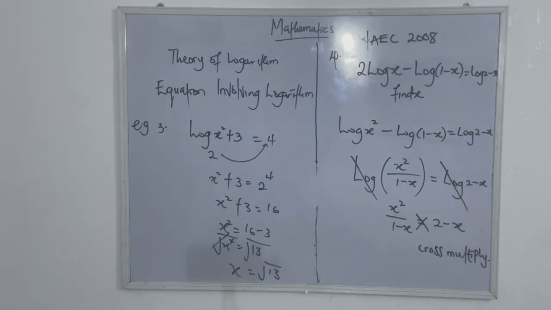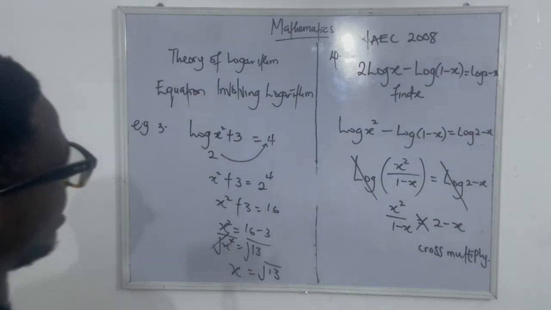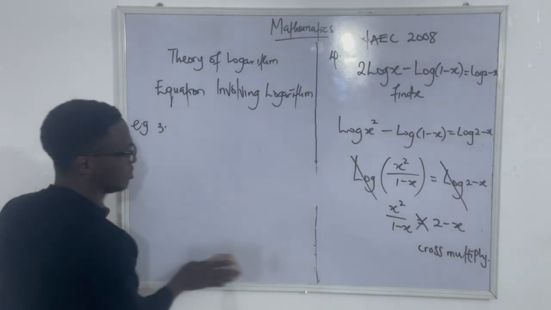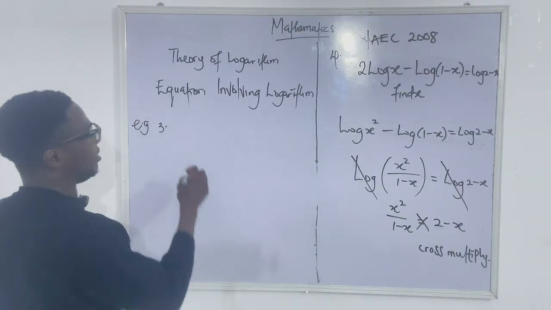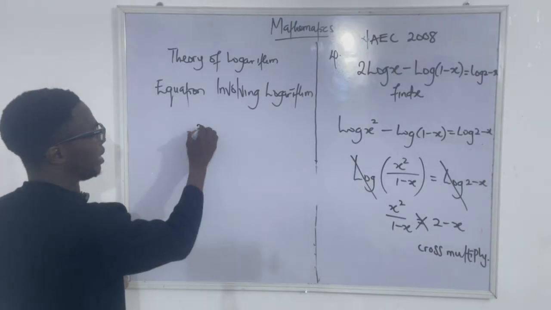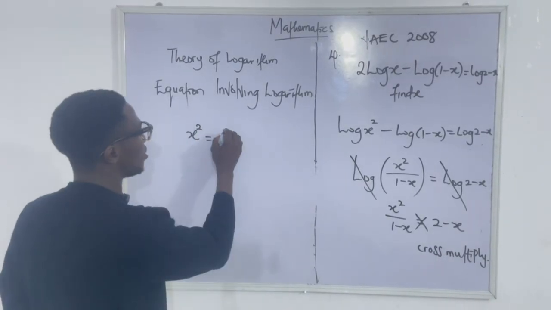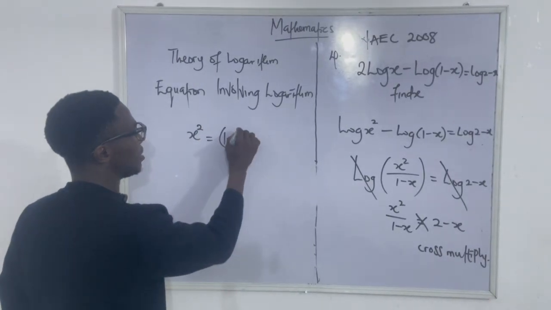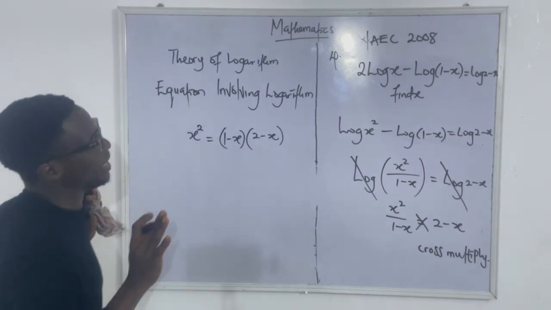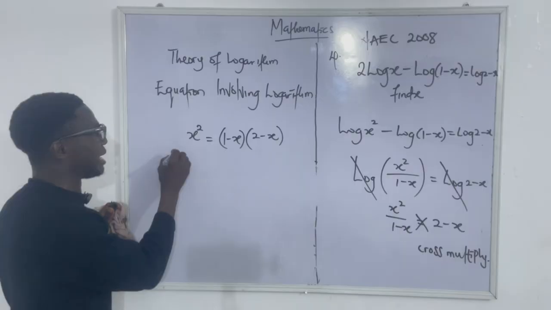Having gotten to this stage, then let's rub this so that we can use a plain place. So now that's x squared equals 1 minus x multiplied by what? 2 minus x. So what we need to do is just to open the bracket.